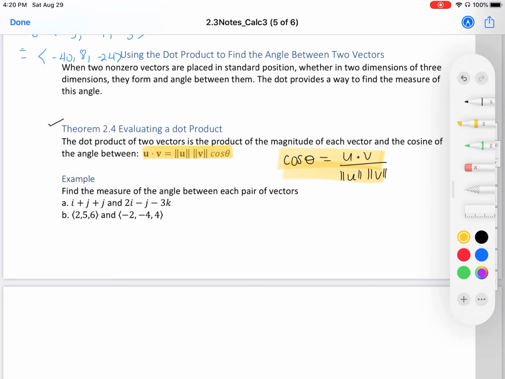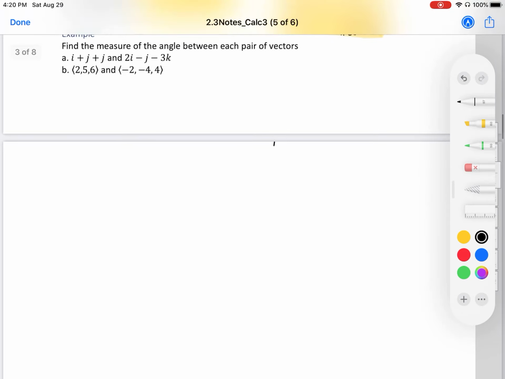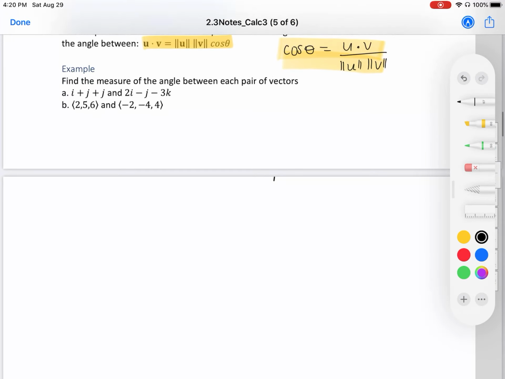Find the measure of the angle between each of the vectors. All right, so for A, let me have the formula handy. For A, we have two sets of vectors. They're written in standard unit vector form.